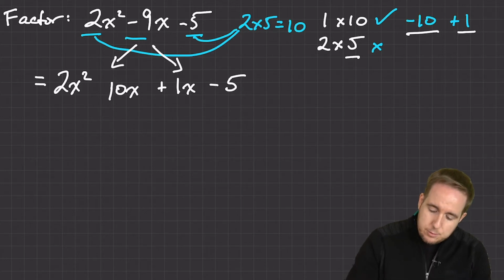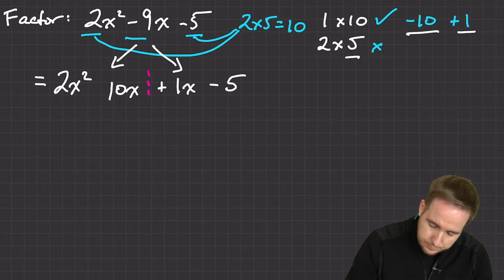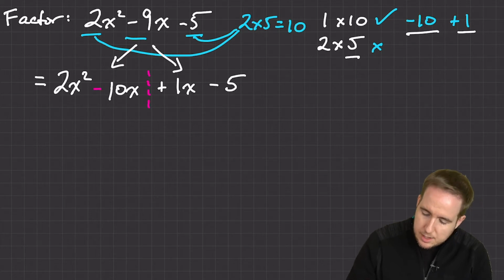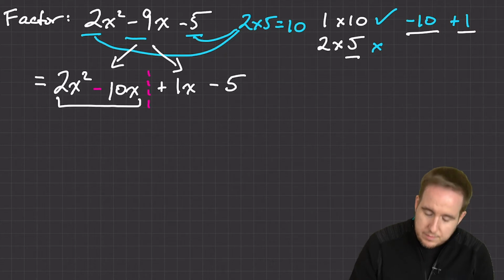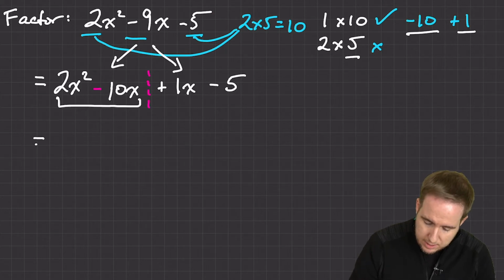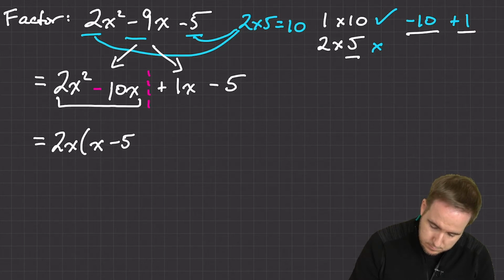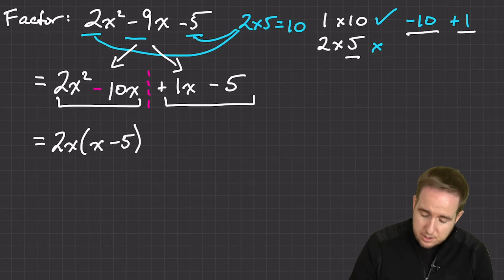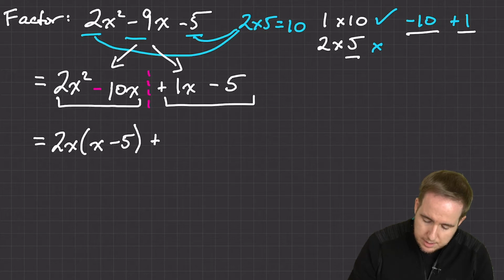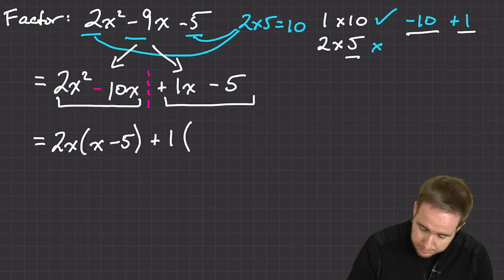Now you divide this down the middle. This should be minus 10x. You divide this down the middle and look at each one separately. So if I only look at those two and ignore what's on the other side, these have a common factor, 2 and x. If I look at this side, they don't have anything in common, so I'm going to say they have times 1 in common.